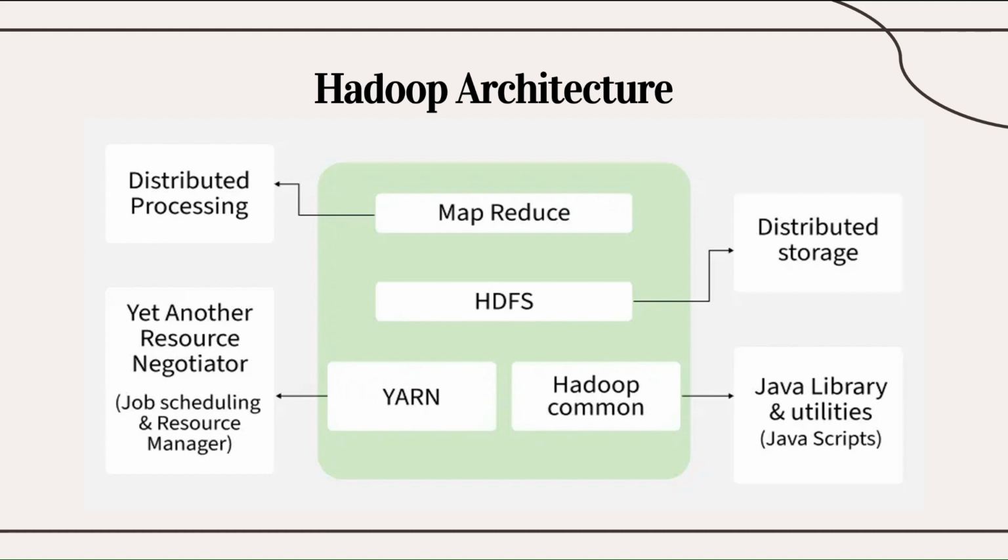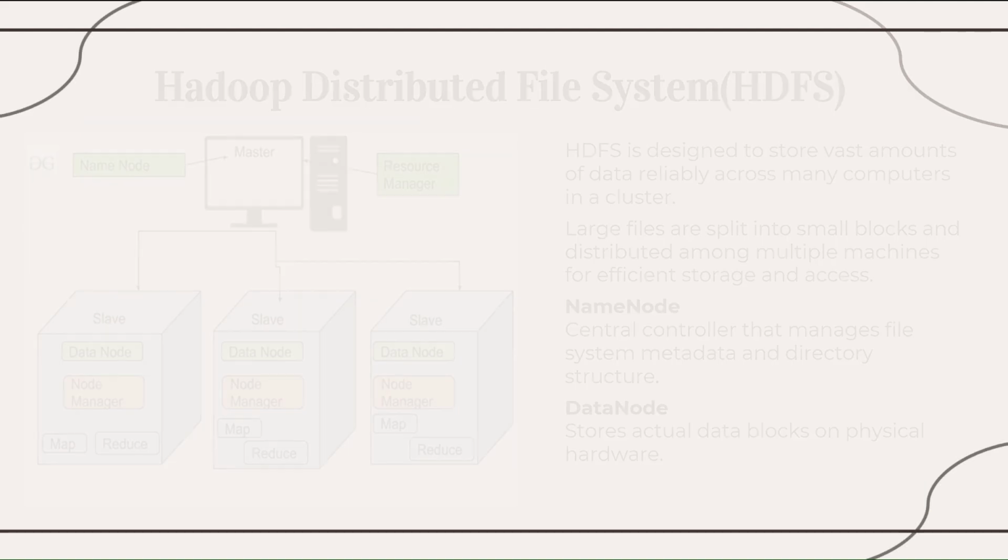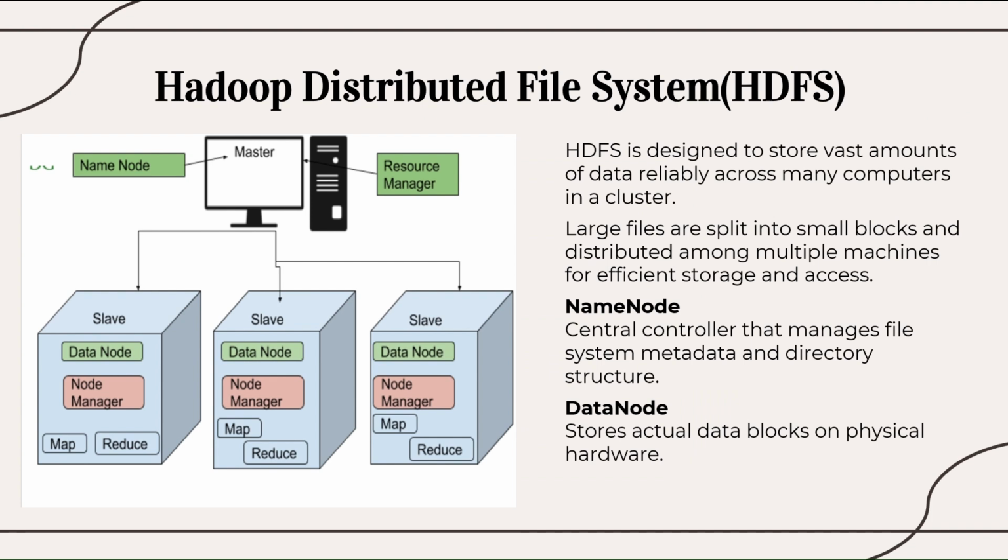Let's look at each of these components one by one, starting with the most important, Hadoop Distributed File System, HDFS. It stores huge files across multiple computers in a cluster. It breaks large files into small blocks and distributes them among multiple machines for faster access and storage.